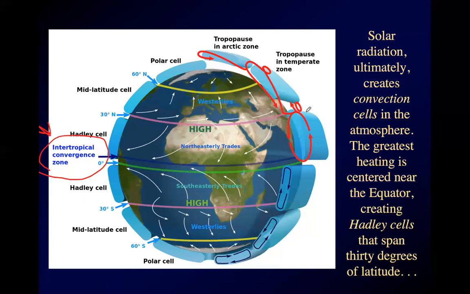And where it comes down is at about 30 degrees north and 30 degrees south. So we have this cell of circulating air that's warmed and rises at the equator, and then comes around and drops down at about 30 degrees north, and over there at 30 degrees south.